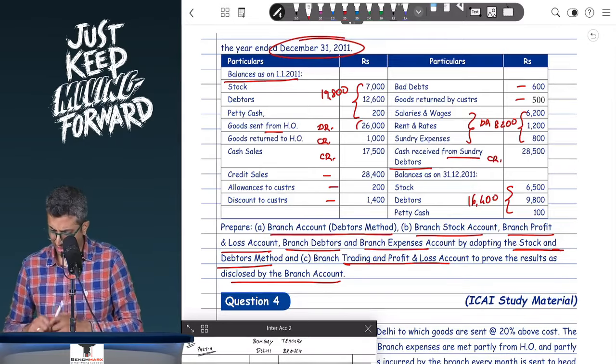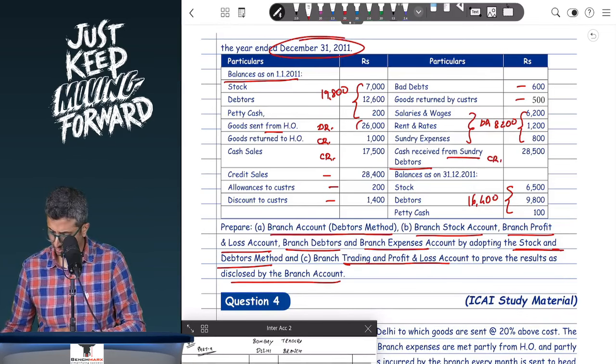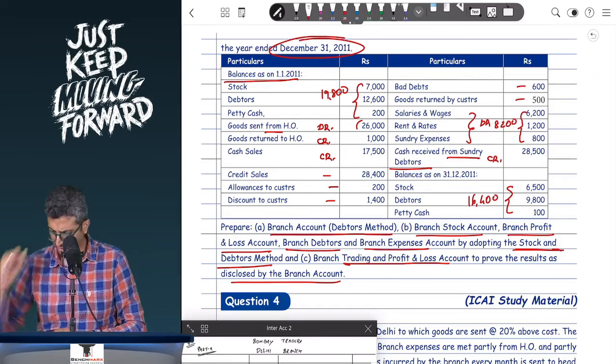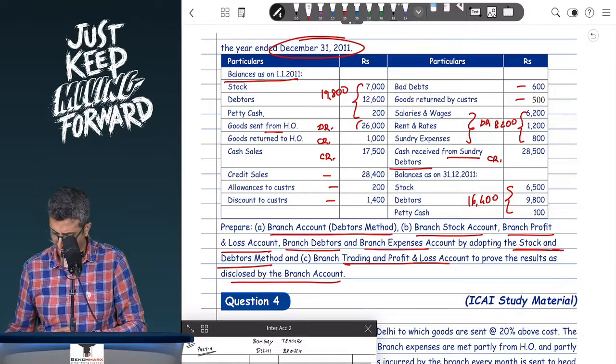So when I prepare this, maybe 19,800 plus 26,000 plus 8,200, that is about it. Minus on the credits, you'll have 1,000 goods returned, minus 17,500 for cash sales, minus 28,500 for sundry debtors, and minus 16,400.